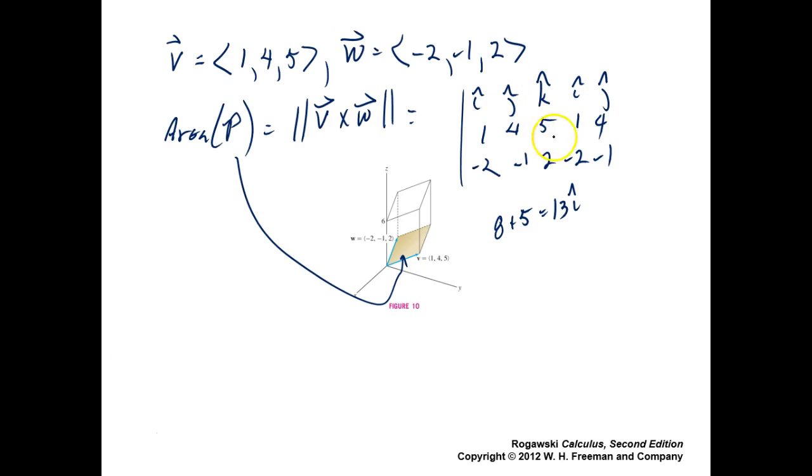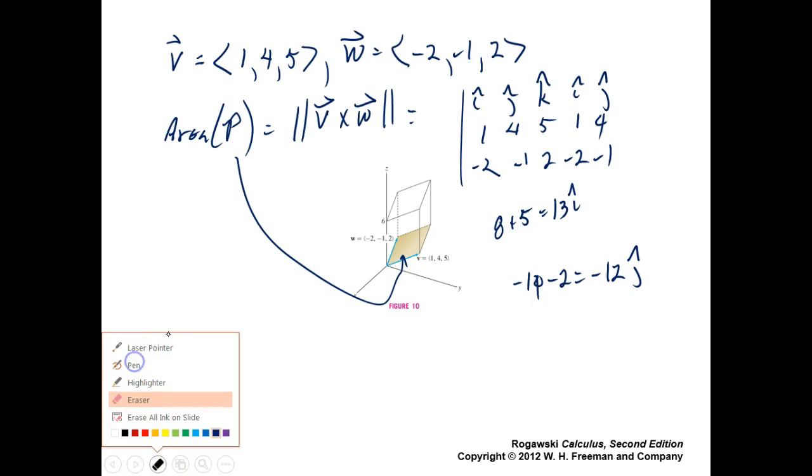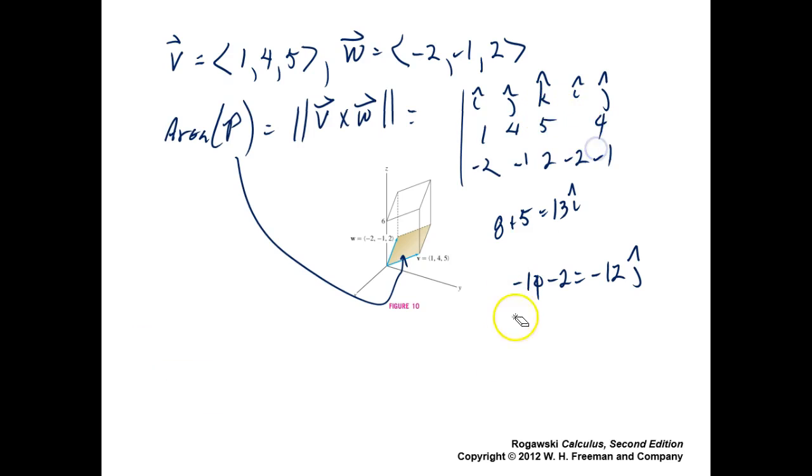Now let's do the J ones. That would be a -10 -2, which is -12J. Okay? And then the K ones, K's are a little strange, and you don't form a little X like you did before, but your main diagonal down would be, yuck, my pen didn't catch up.